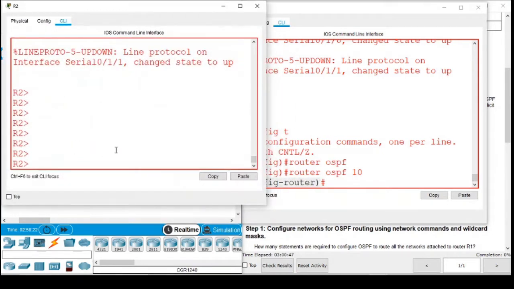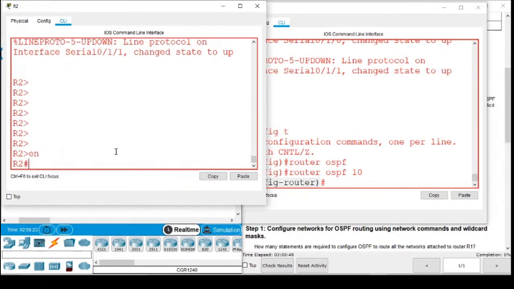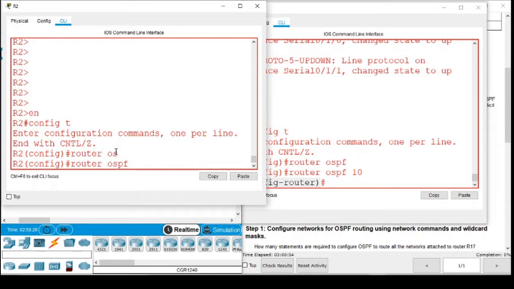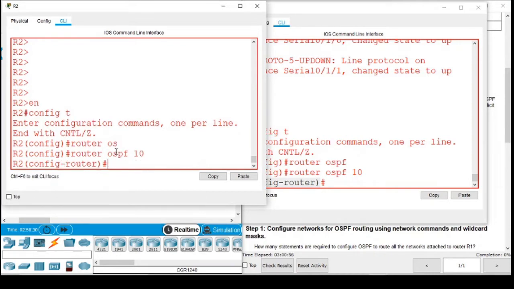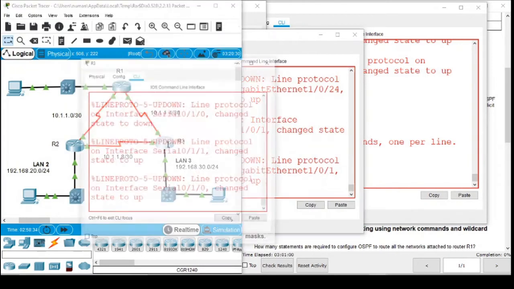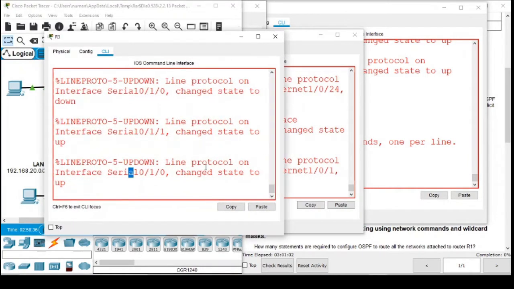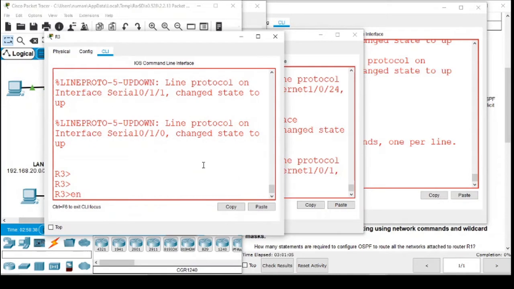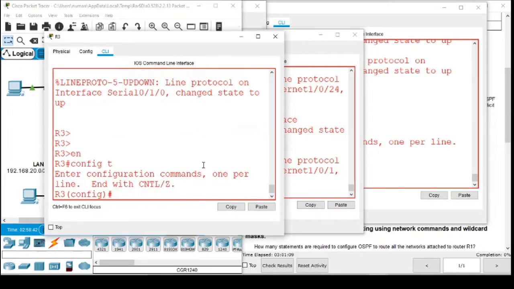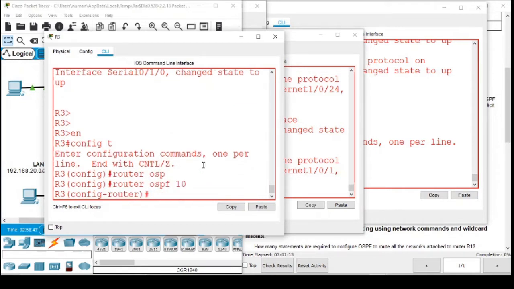On router 2, again enable, config t, router ospf and the process number 10. With router 3, make it bigger so you can easily enable privilege mode, then config t for global configuration mode and type router ospf 10. This is how we enable the OSPF process.